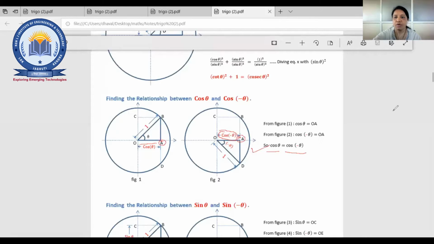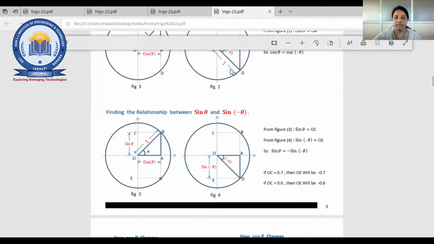Now the next thing is the relationship between sine theta and sine minus theta, right? As you can see in the figure, this portion is sine theta, which will be on the y-axis when theta is positive. Now if theta is negative, like here, the point D will be there.